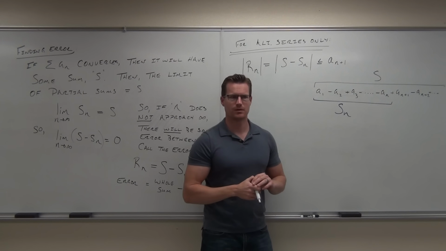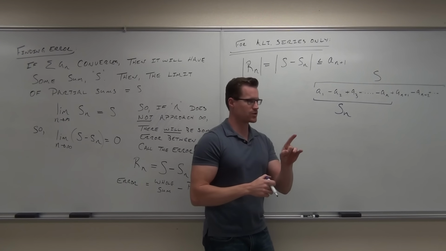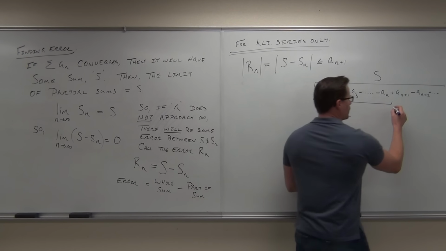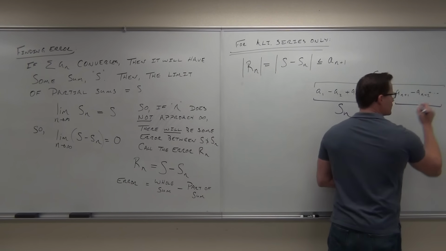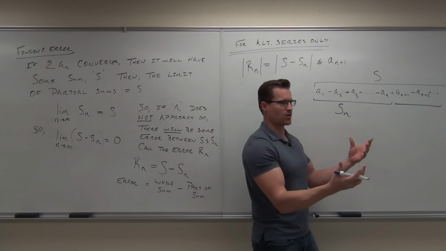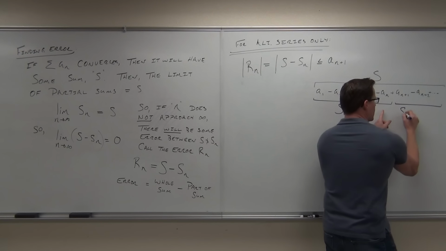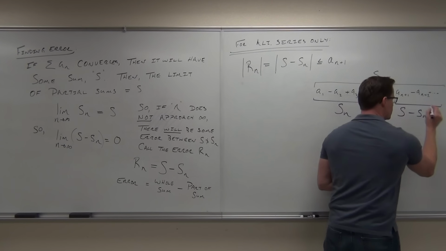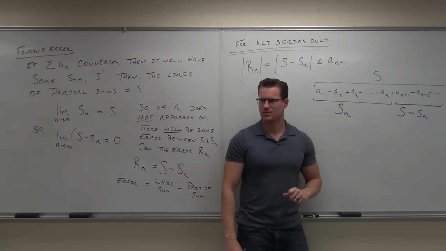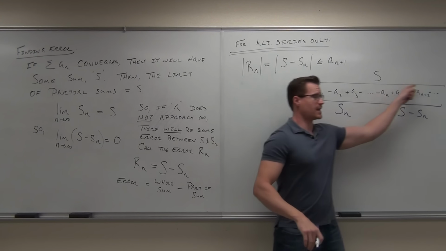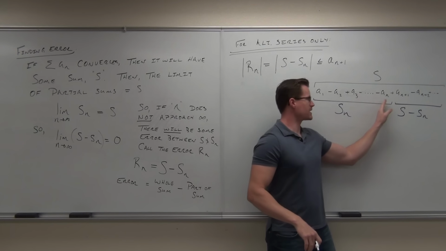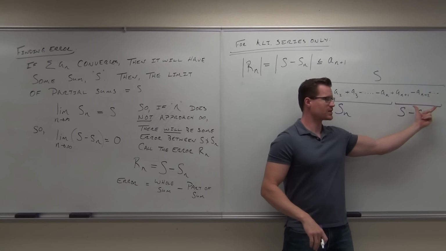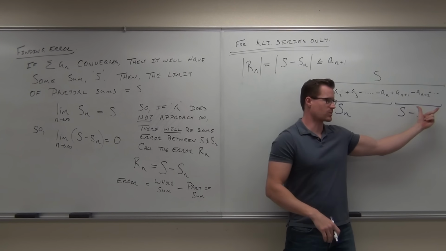Yes. Now, here's the cool part. The rest of this, by definition, would have to be S after I take away S sub n. Does that make sense to you? Hey, look. If the whole thing's S, and this first part is S sub n, then the rest of it is S minus S sub n. That's what the rest of it is.